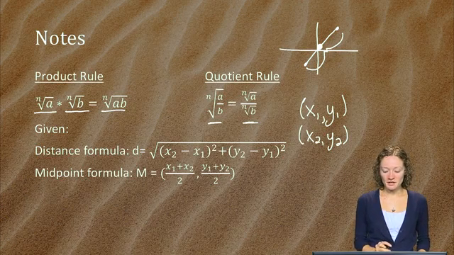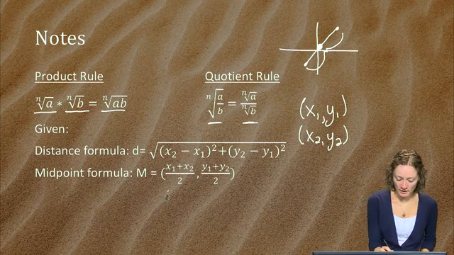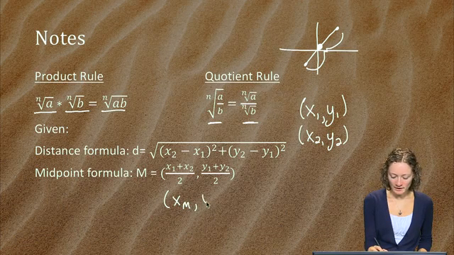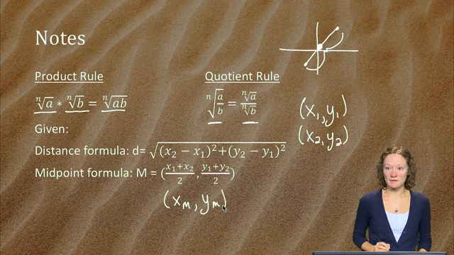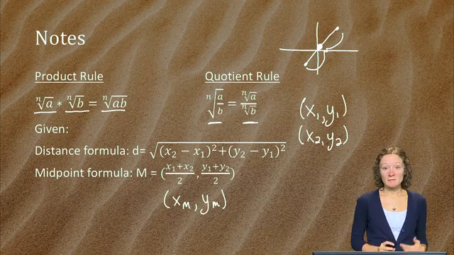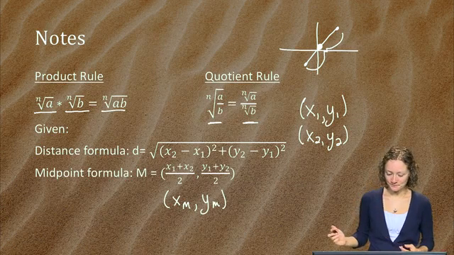And the midpoint formula is to add the x's together and divide by 2, and the y's together and divide by 2 to get your x coordinate of the midpoint and your y coordinate of the midpoint. And you should present the midpoint as an ordered pair because it is an ordered pair. You're talking about a specific location on the graph.